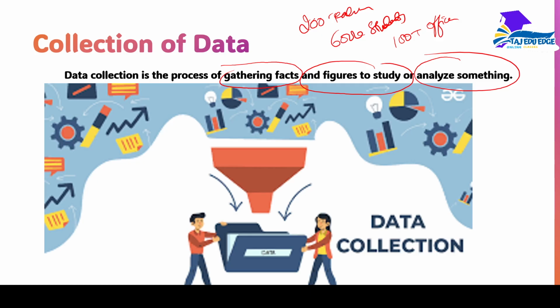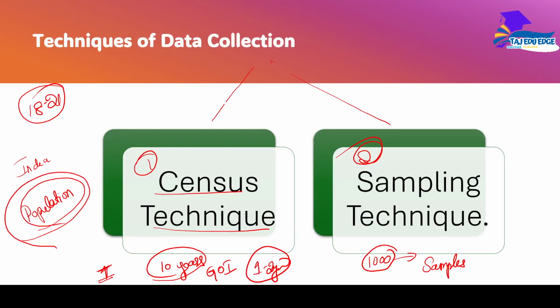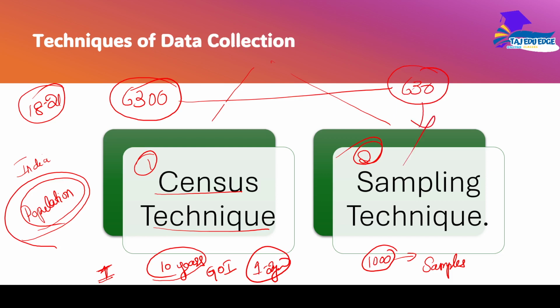If you find it difficult to collect the data from the whole 6300 people, and collect it only from 630 people, that is a sample. If you collect it from all the 6300 people, then it's the census technique.